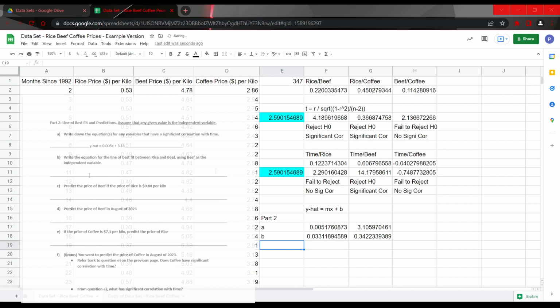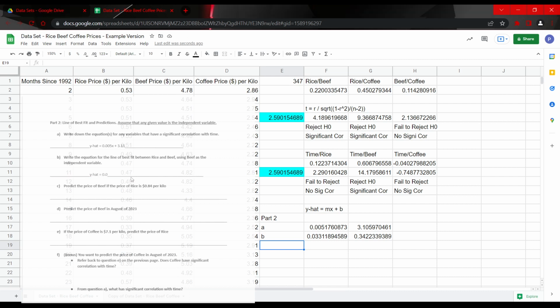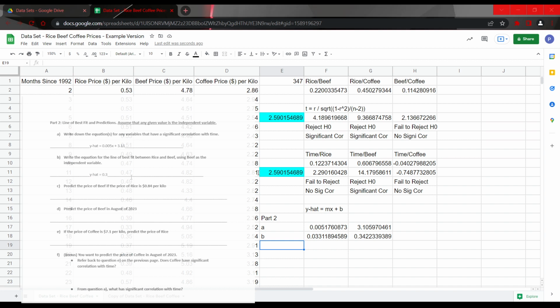Again, all I need to write for my equation is y hat is equal to 0.33x plus 0.34. And that's it. That's all I really need you to be able to write and figure out, the slope and y-intercepts.